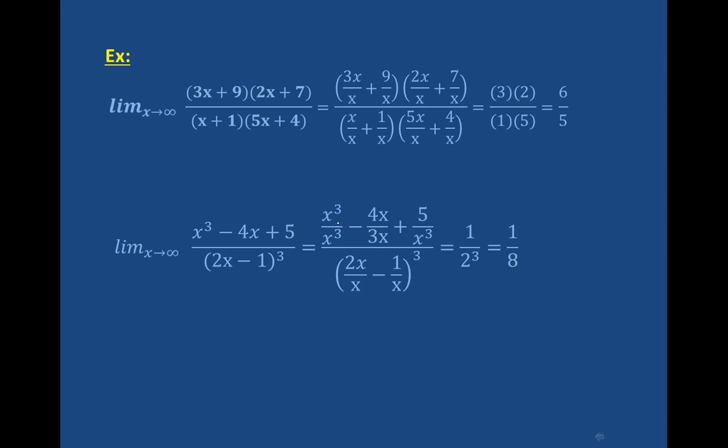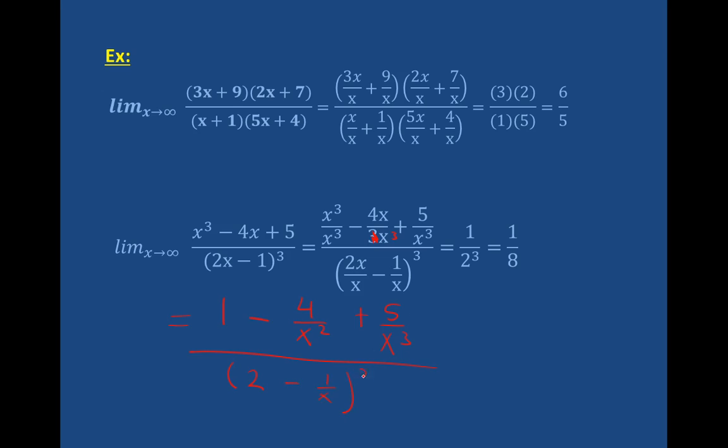Therefore, x^3 over x^3 minus 4x over x^3 plus 5 over x^3, over 2x over x minus 1 over x, all raised to power 3. x^3 over x^3 will be equal to 1, minus 4x over x^3 is 4 over x^2, plus 5 over x^3, over 2x over x equals 2 minus 1 over x.